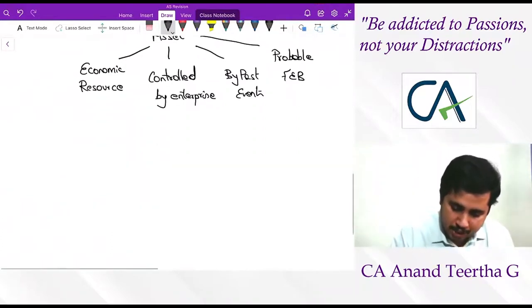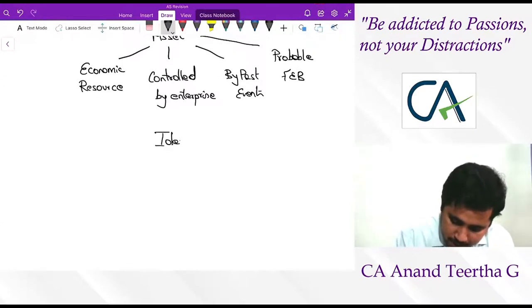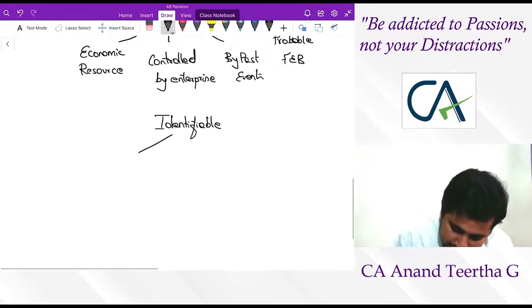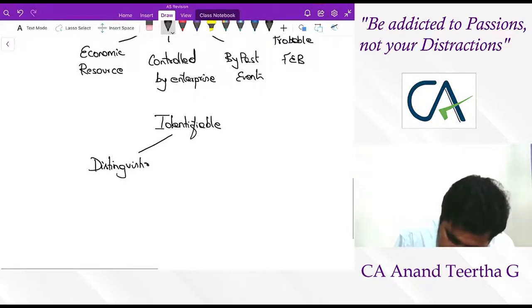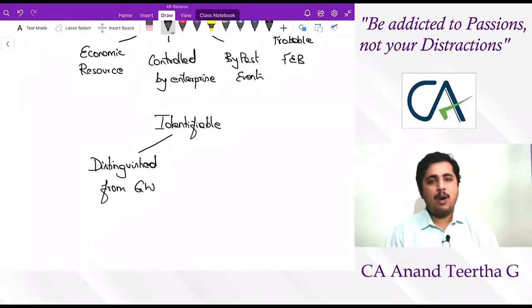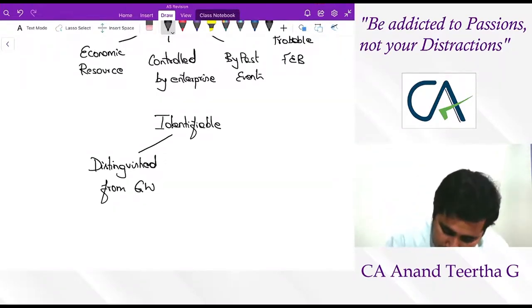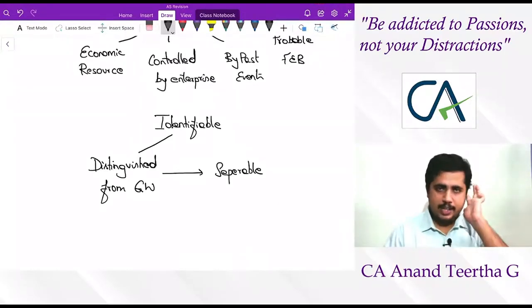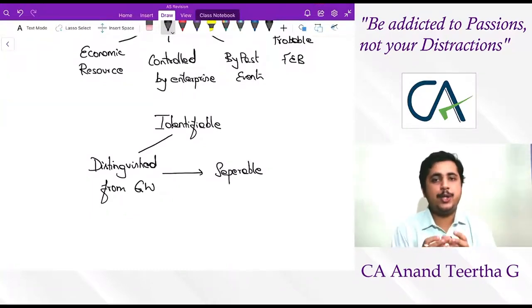After this, it should be identifiable, is what we mentioned. Now what do we mean by this identifiability? It basically means that it can be distinguished from goodwill. How can something be distinguished from goodwill? By being separable.